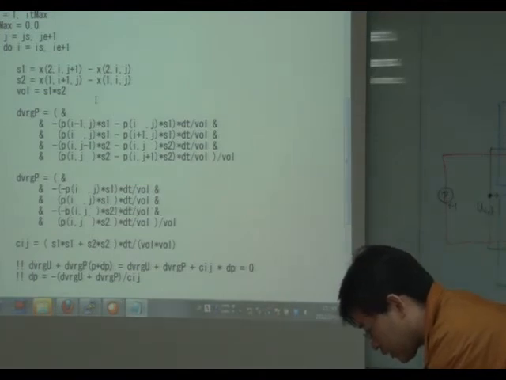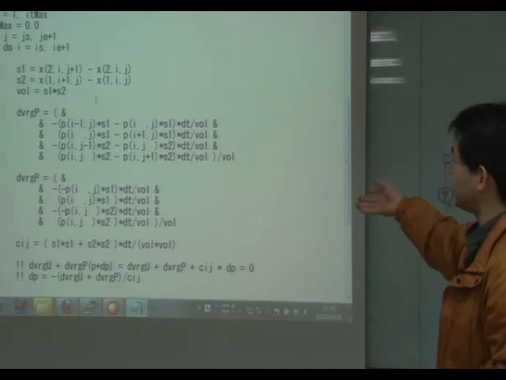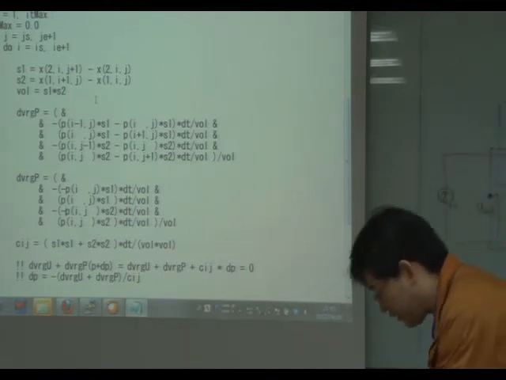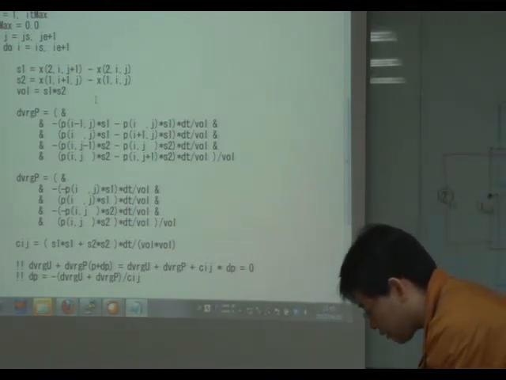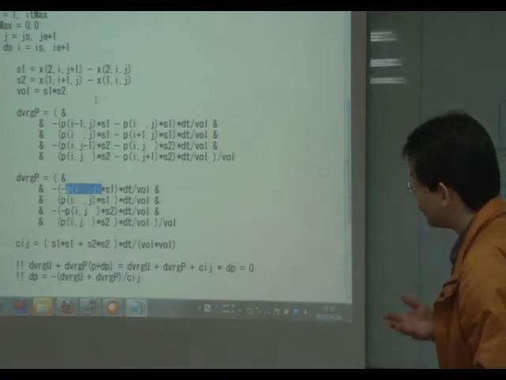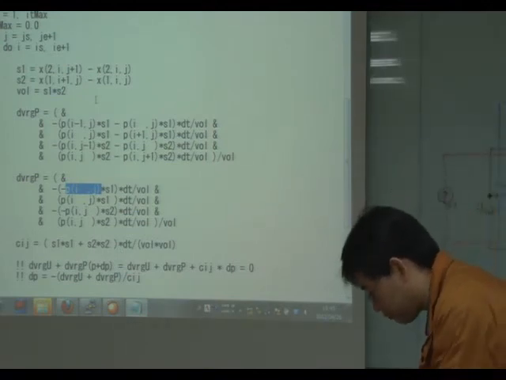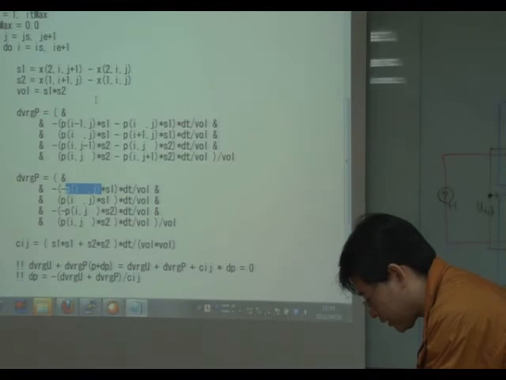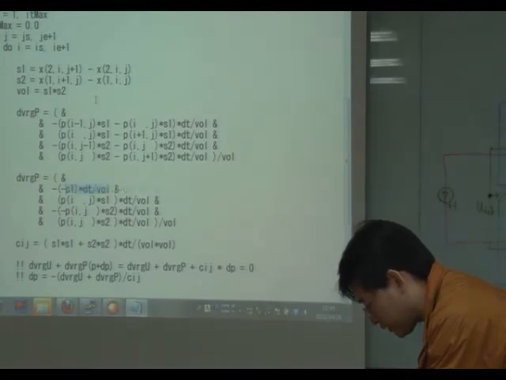Now I deleted other terms of divergence P, and required value is when Pij is changed by unit number. So we replace this one as 1.